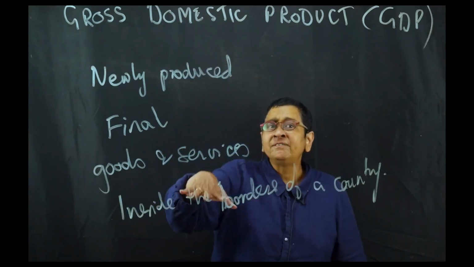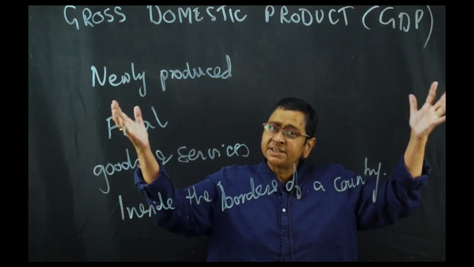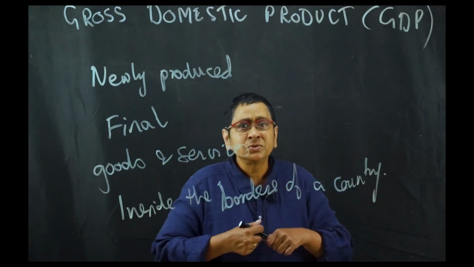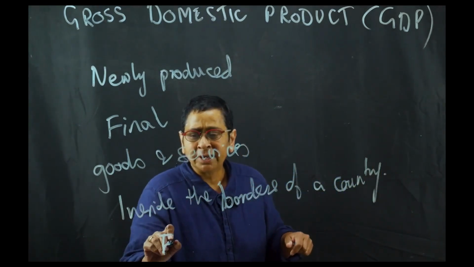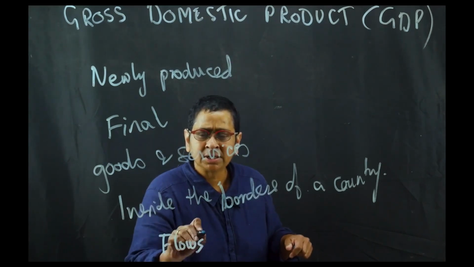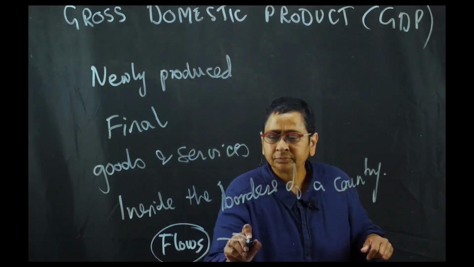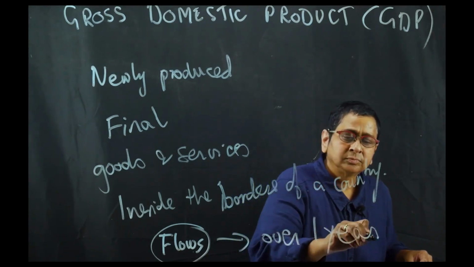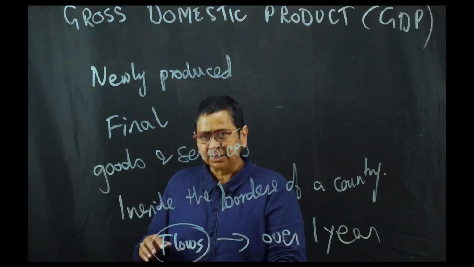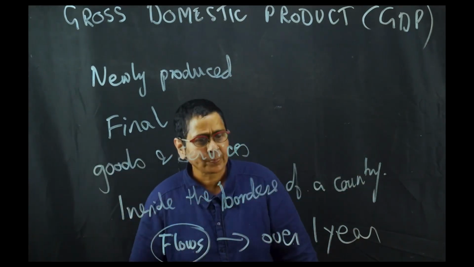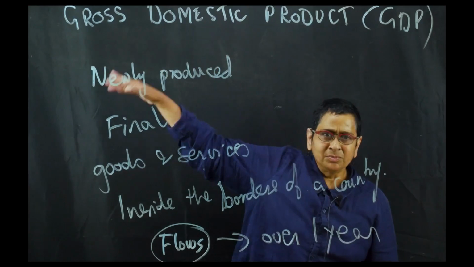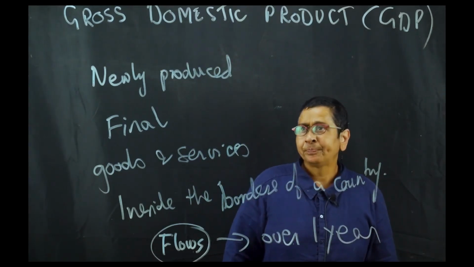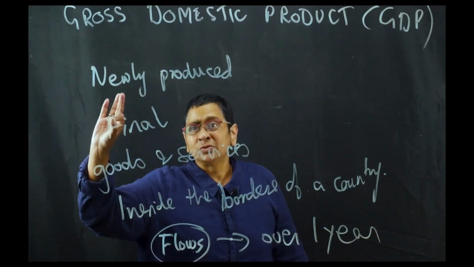So let's go through every element of this. The GDP seeks to measure the total volume of production over a specific period of time. So it's going to be something that we're going to call a flow. I'll talk about stocks and flows in a little bit. So what I do is I say, okay, in the past year, 2020, starting from Jan 1, 2020 to December 31, 2020, let me look at what my production was.